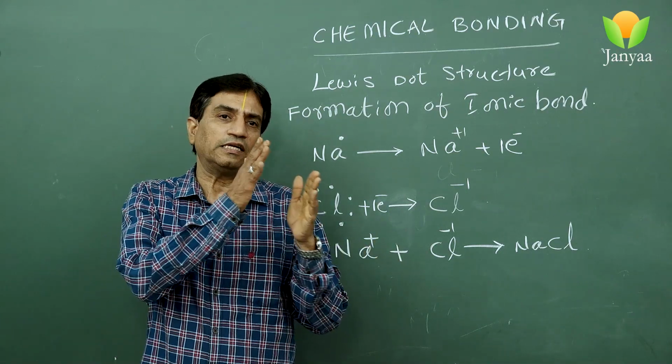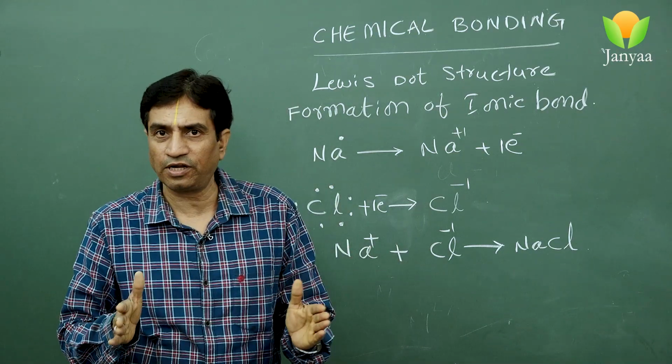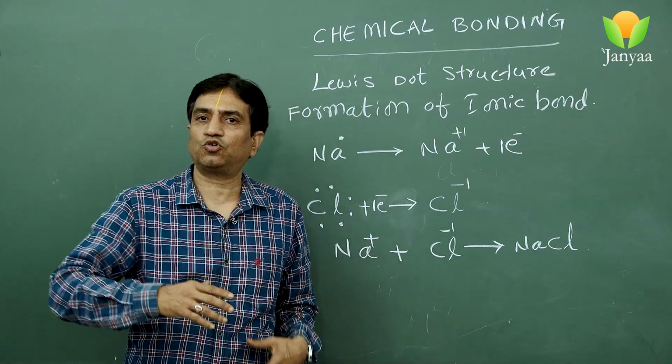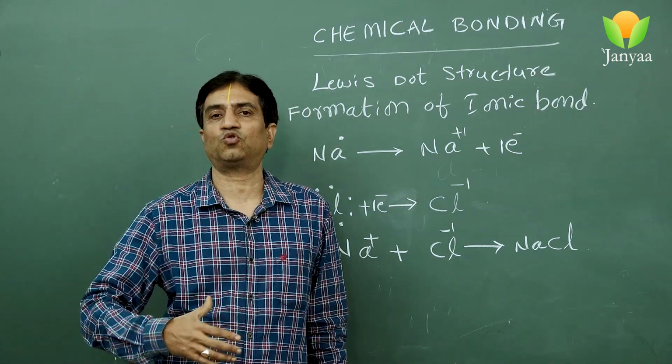Similarly, chlorine has atomic number 17 and electronic configuration 1s2, 2s2, 2p6, 3s2, 3p5.